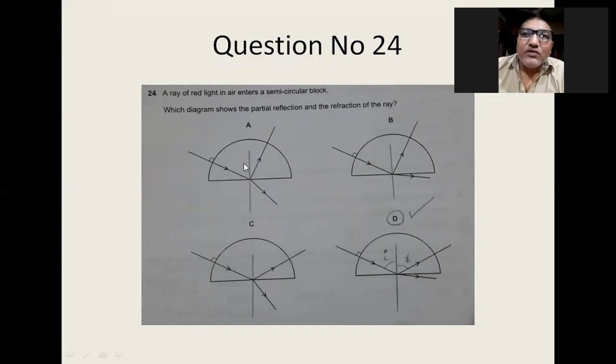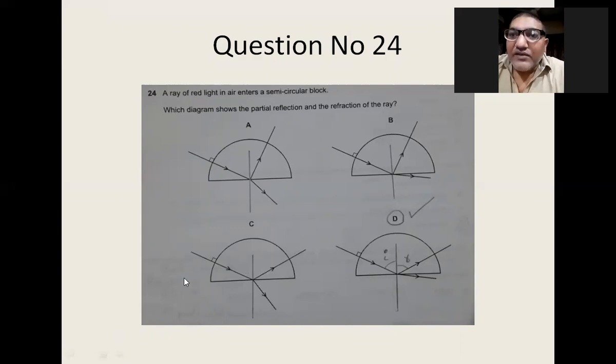Diagram B is also wrong because by inspection with the naked eye, you can tell that the angle of incidence and the angle of reflection are not equal to each other. In C, the angle of incidence and angle of reflection look to be equal to each other. That is right.